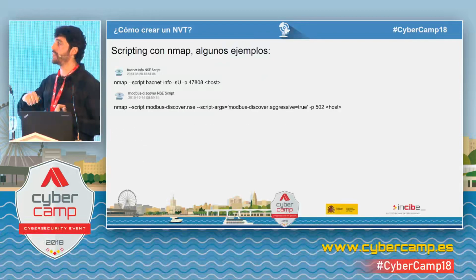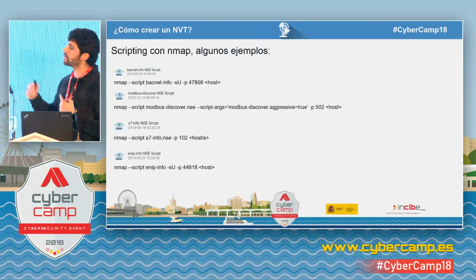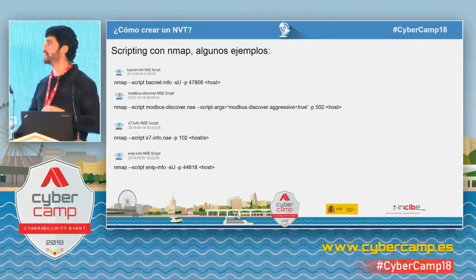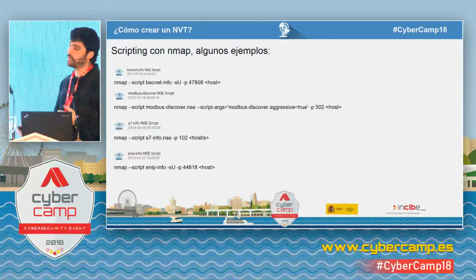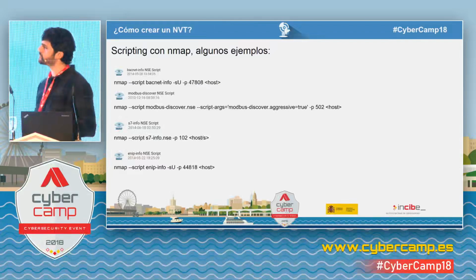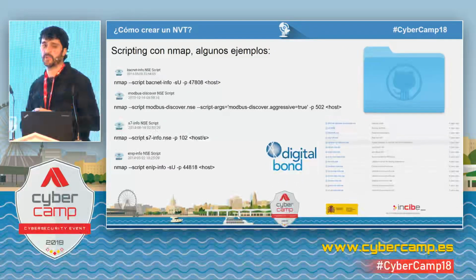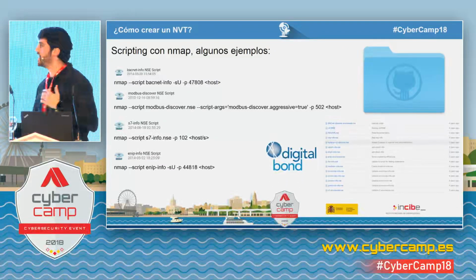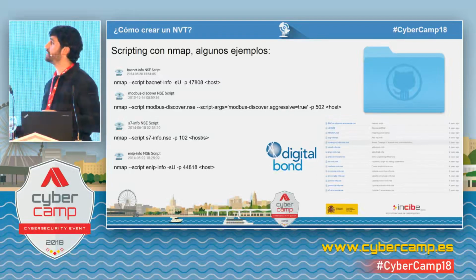Now, scripting with Nmap. Some industrial examples. These are specific industrial protocols: BACnet in smart buildings, Modbus, very widespread, S7, proprietary from Siemens, and ENIP NSE, used by Allen-Bradley and other manufacturers.